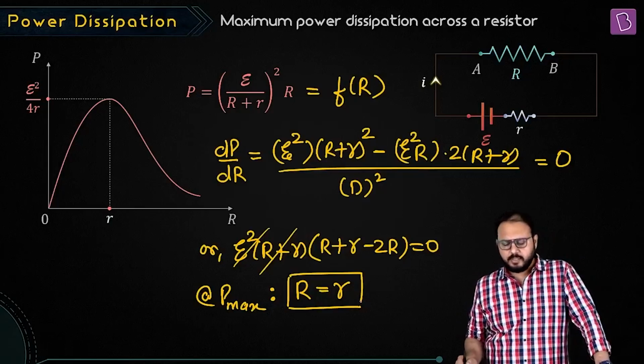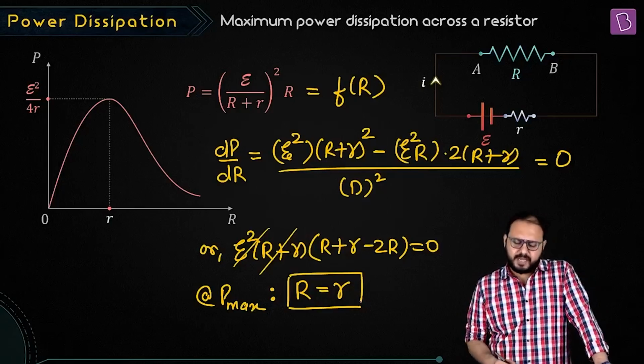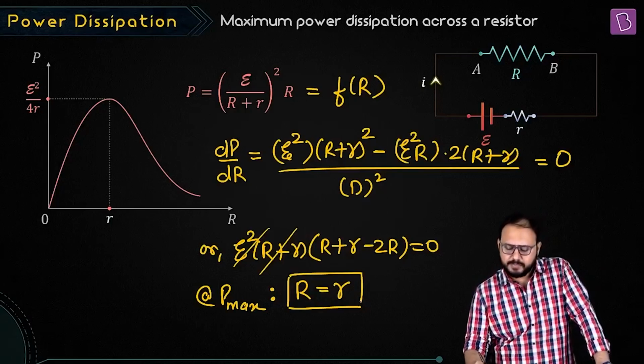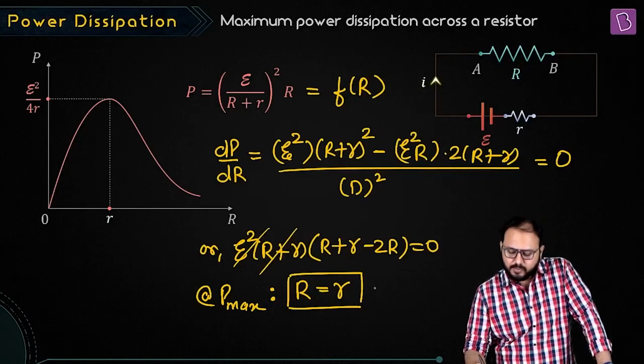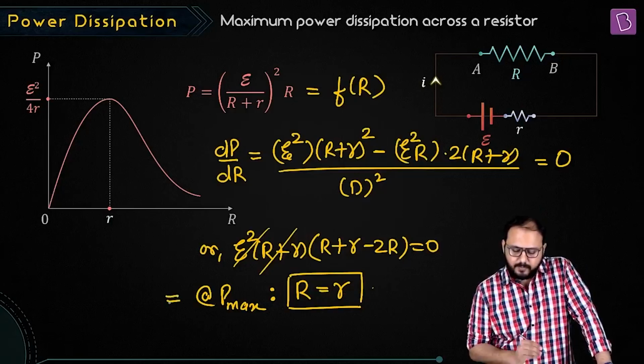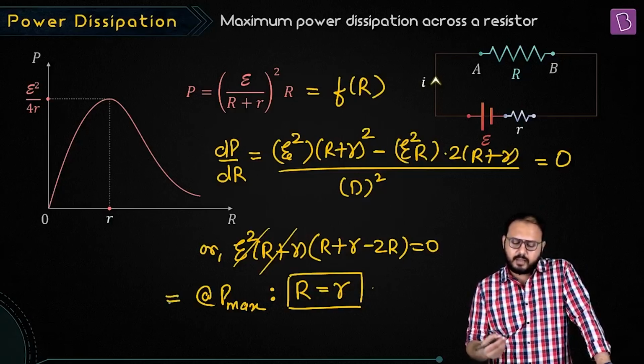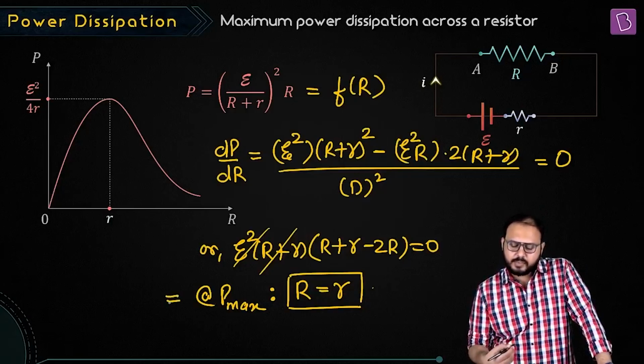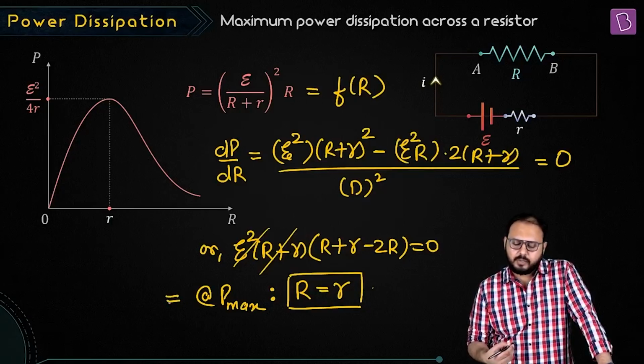And what is the value of P max? Very simple. P max will be E square R upon R plus r whole square. If I put R equal to r, it is E square by 4r.